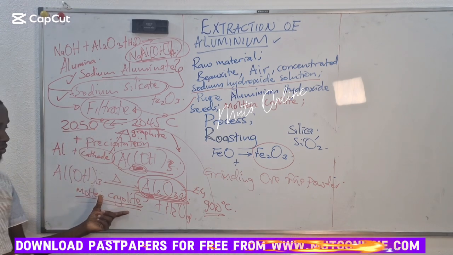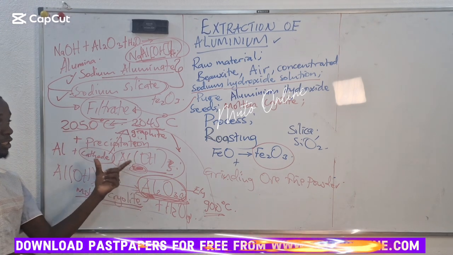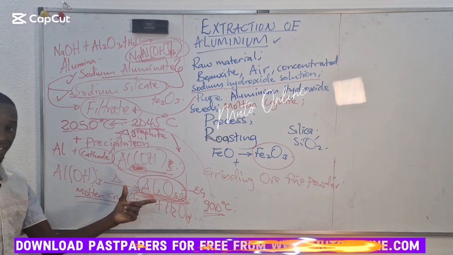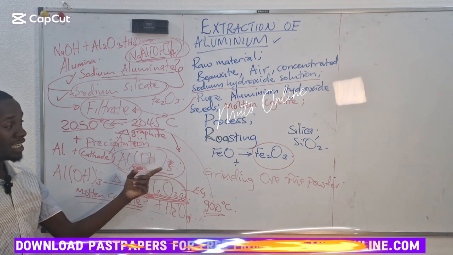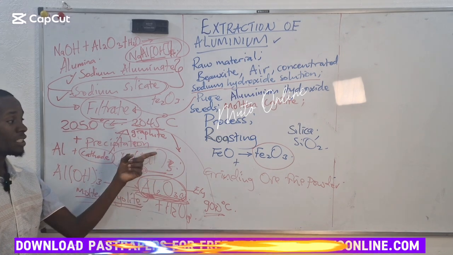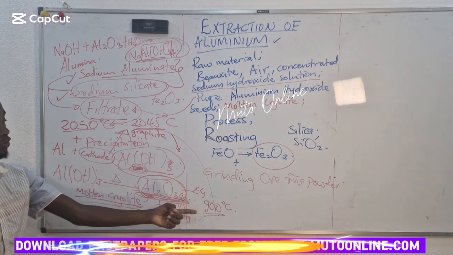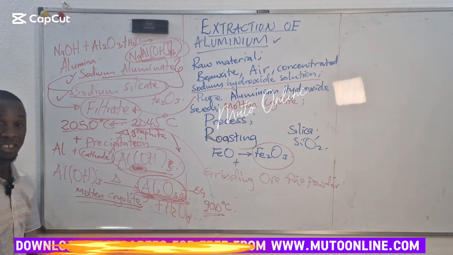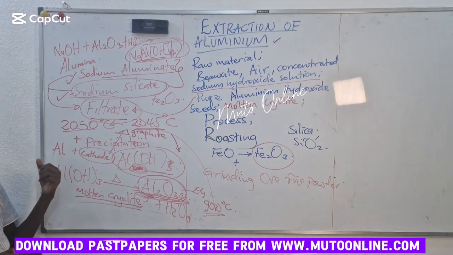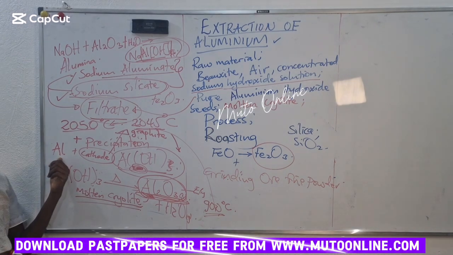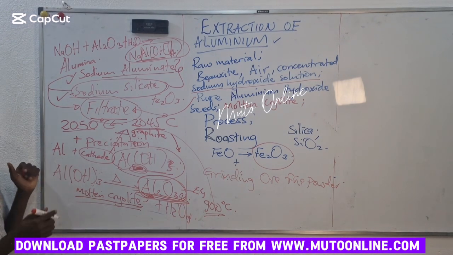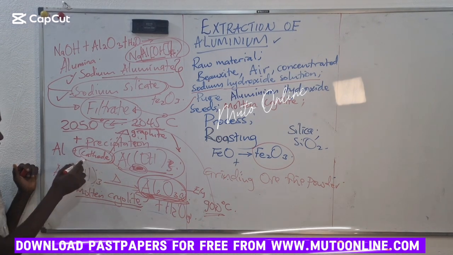And the formed molten aluminium oxide is then electrolyzed in an electrolytic cell using graphite electrodes at a temperature of about 900 degrees Celsius, such that aluminium is formed at the what? The cathode. We talked about it.